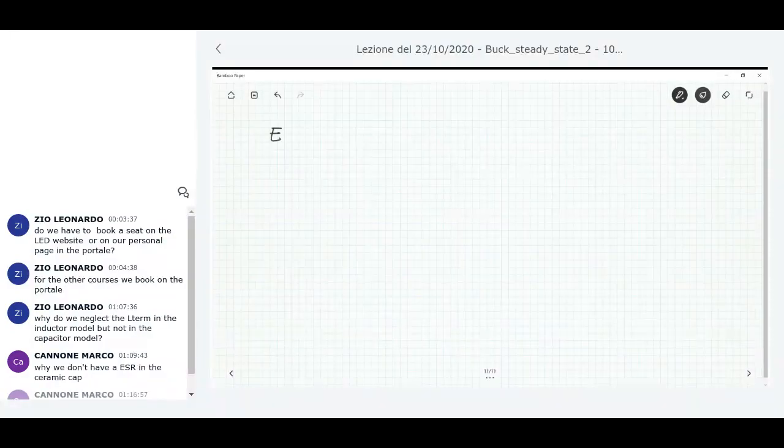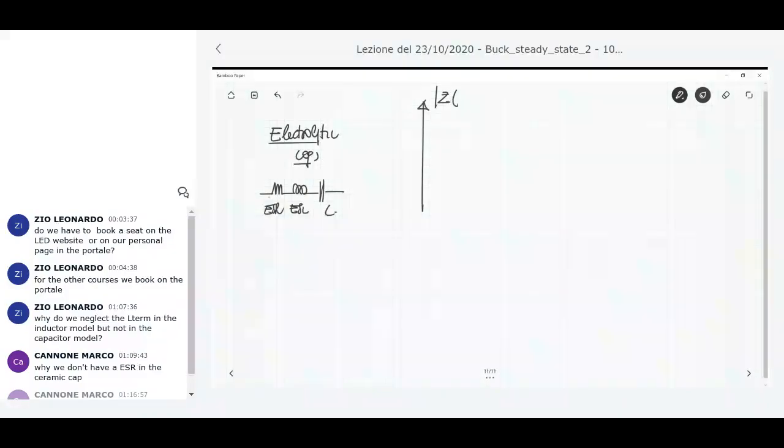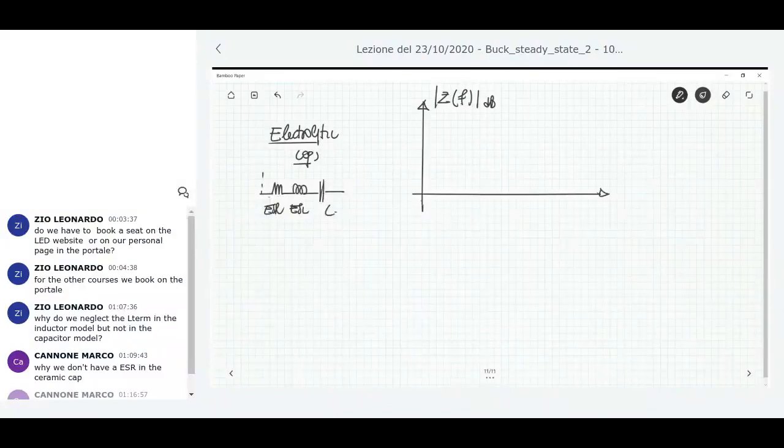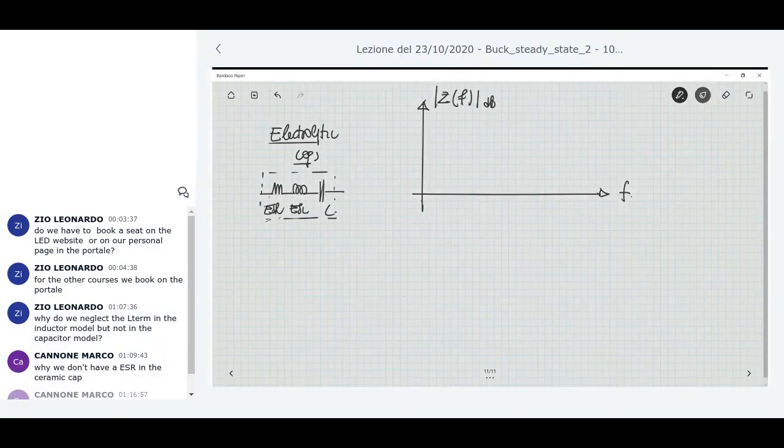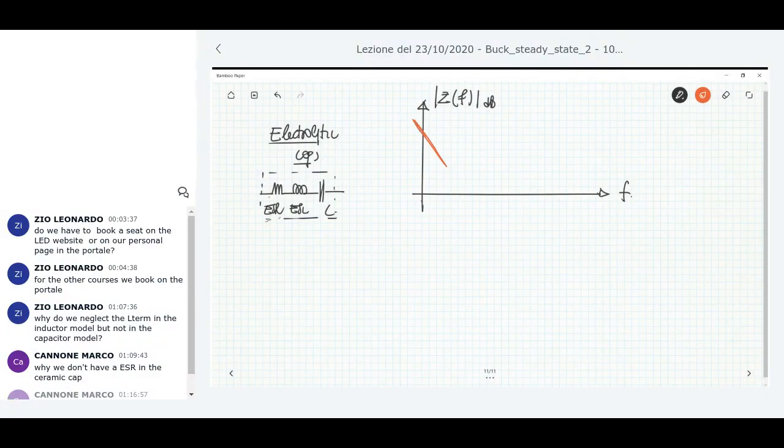So if I have electrolytic capacitors like this, and I want to put on a graph the impedance of this overall component, made by the series of these three, resistance, inductance, and capacitor, versus the frequency, I have a situation which is described in this way.